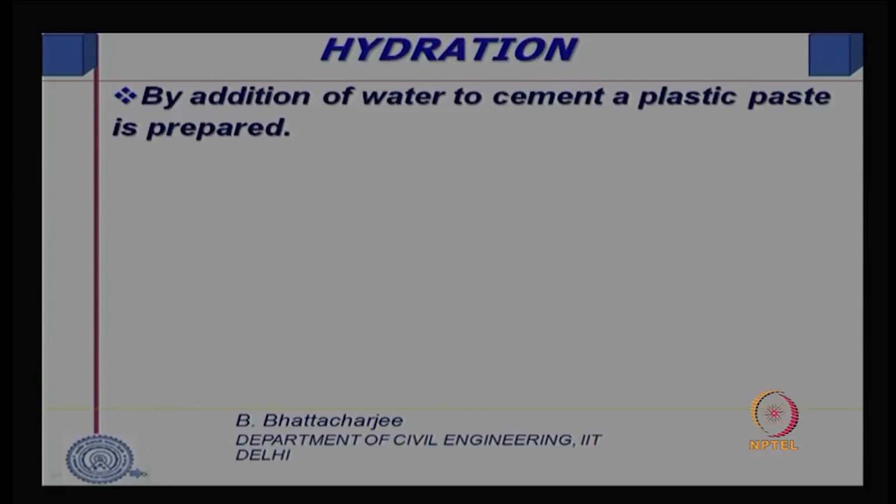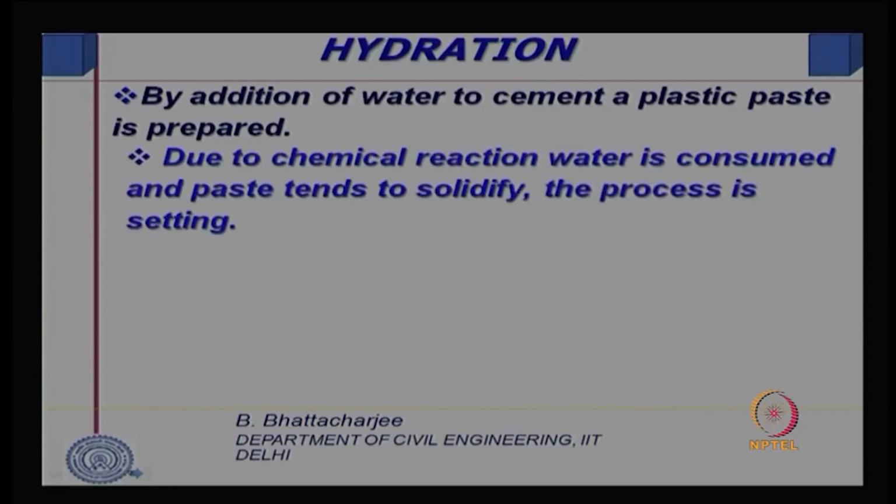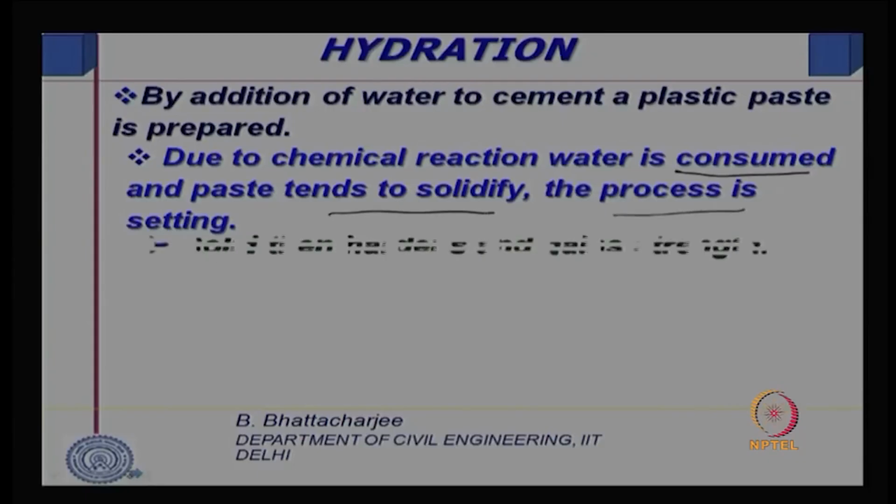By addition of water to cement, a plastic paste is prepared. Due to chemical reaction, water is consumed and the paste tends to solidify. This process is setting. The solid then hardens and gains strength. So, setting is solidification; it does not have sufficient strength at that moment, and then gradually it will gain strength as well.